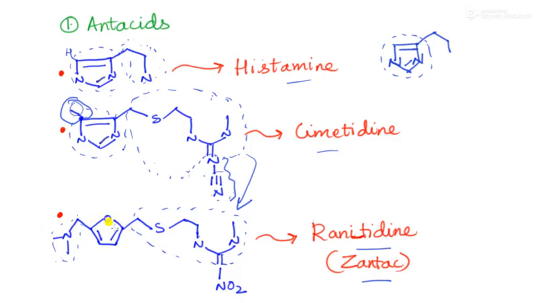And here similarly, instead of this ring, we have pyrrole, and the structure is similar. Once you learn this, you will be able to draw this, and just remember that this is pyrrole, and you have 2 auxiliary groups attached here and here.